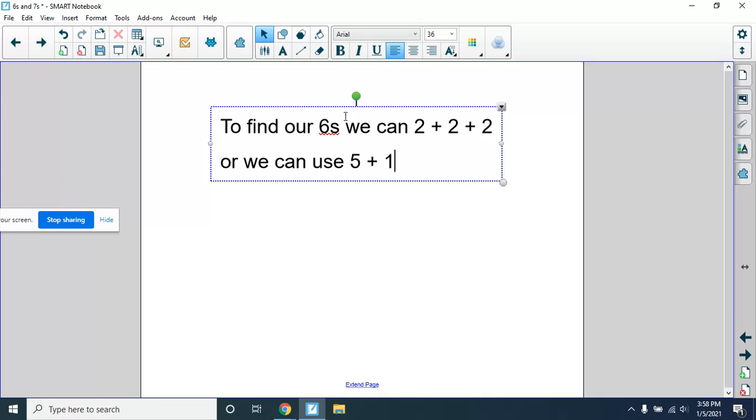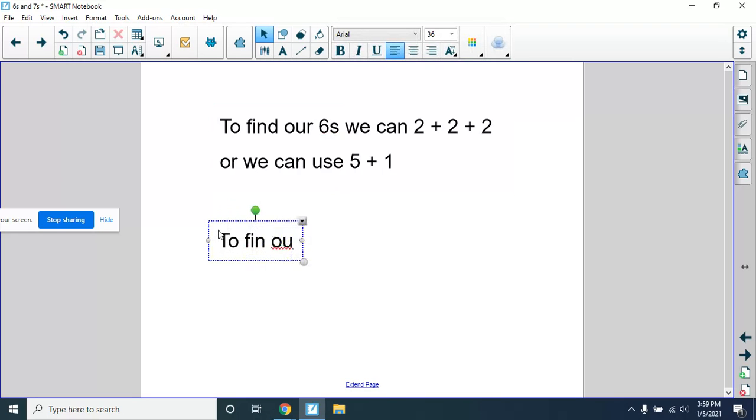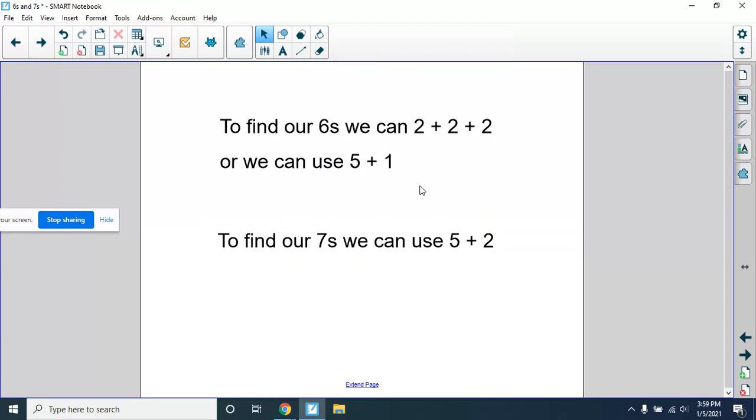So we can use our 2s and our 5s to find 6s, and then to find our 7s, we can use 5 plus 2. Using known facts to help us solve the facts that we're learning.